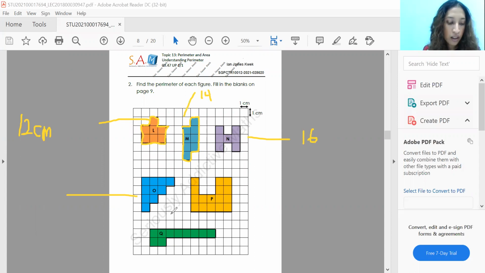O would be 16 as well. P, 22. And Q would be 20. I hope all of you got that right. How do we count, for example, O? 1, 2, 3, 4, 5, 6, 7, 8, 9, 10, 11, 12, 13, 14, 15, 16. I hope all of you got that correct.